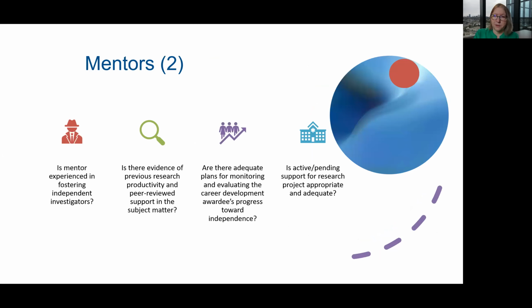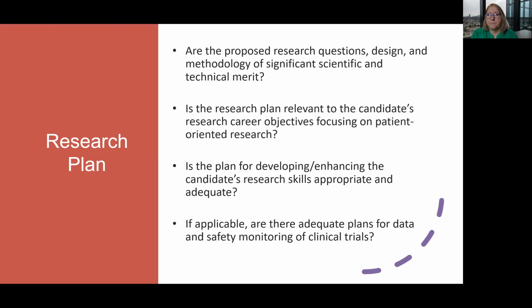So again, here are things that will be evaluated from the mentor, and I summarized that already. And I just want to also say they'll also look at the mentor's funding, because often these career development grants are embedded in a larger research environment, and they want to see that the mentors have resources that will complement what the K grant or the career development grant will bring in.